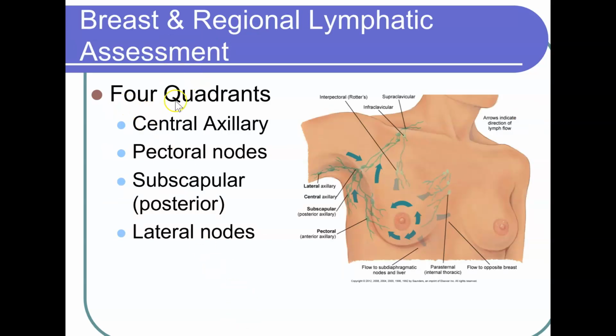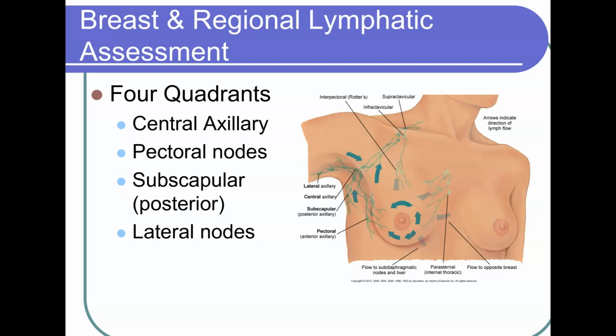So you have a breast area, and the breasts are usually divided into four quadrants. The central axillary nodes are high up in the middle of the axilla, and they're over the ribs, and they receive lymph from the other three groups of nodes.